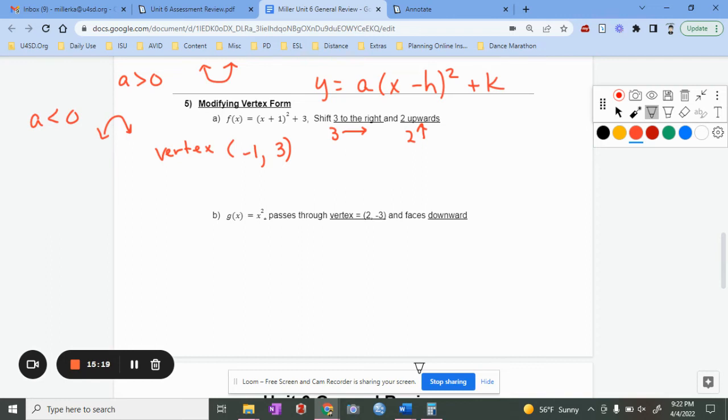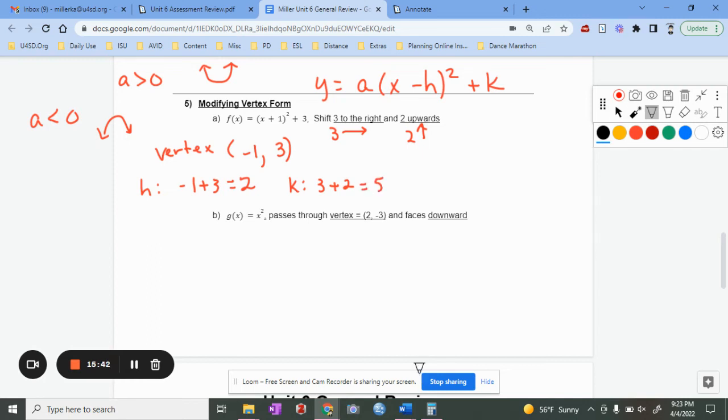3 units to the right means I'm going to add 3 to that negative 1. So my new h value is going to be negative 1 plus 3, or positive 2. My new k value is going to be that 3 plus 2 because we're going up, or 5.